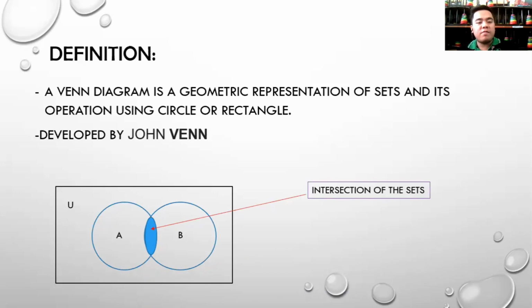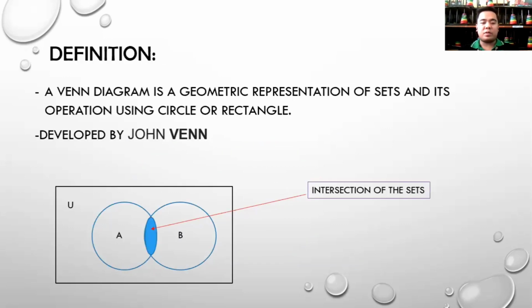Using Venn diagram, it is very easy for us to understand and to represent sets. It is very clear because it has been visualized.